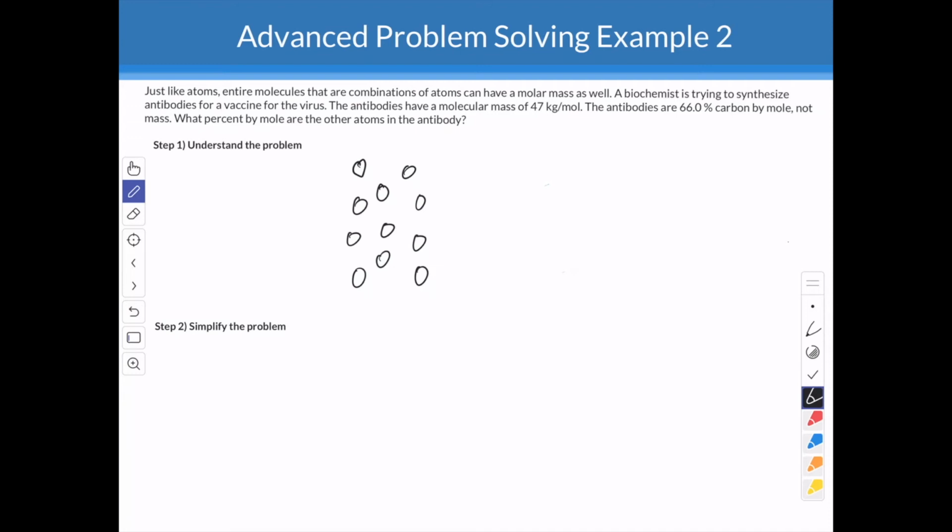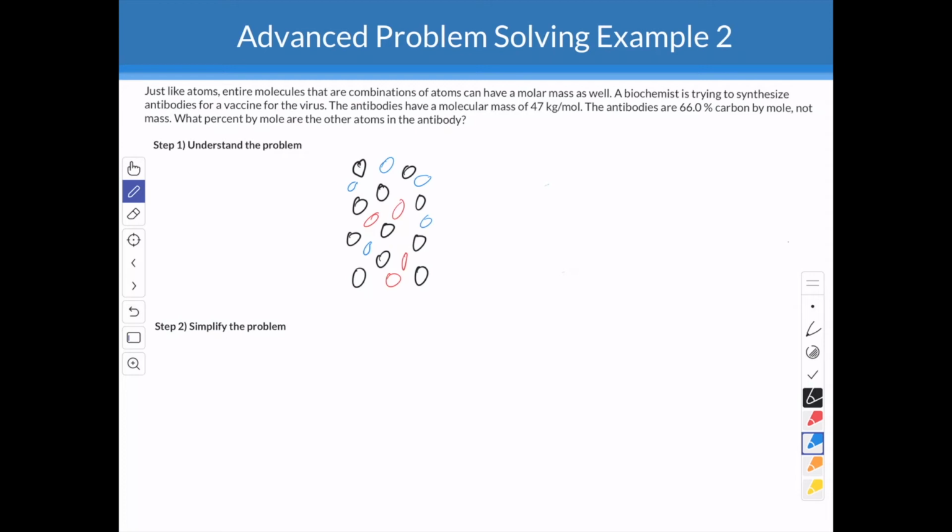Now, it talks about later in the problem how 66% of this big molecule is carbon. Let's draw some different atoms in there, using different colors. Let's use some blue for other atoms. Who cares if we're drawing the right proportions? Alright, we got a big chunk of atoms in there. We'll call that a molecule. Okay, so that's a good start to trying to understand this.